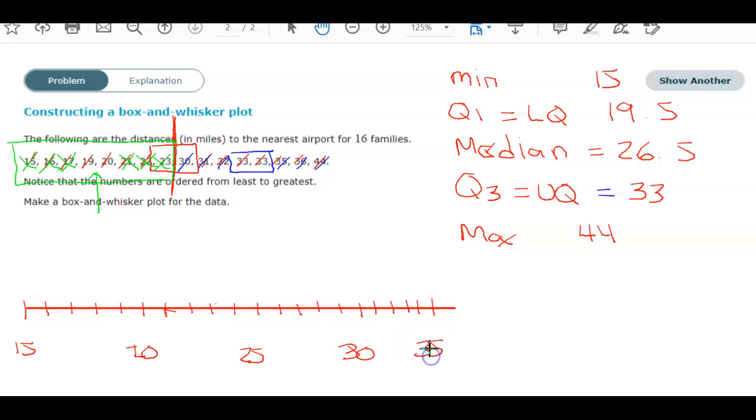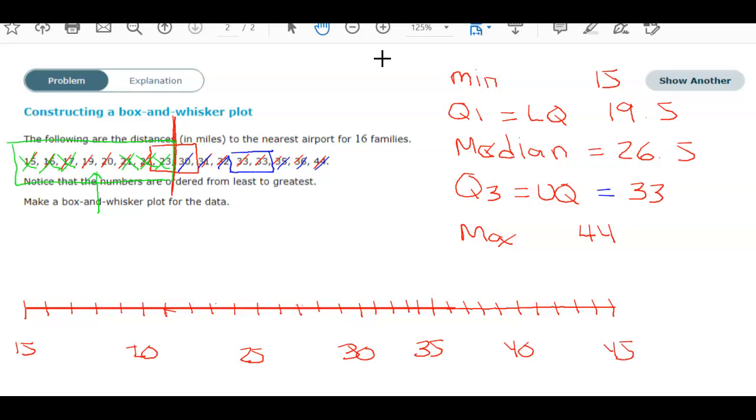So let's go ahead and extend that. We'll do 36, 37, 38, 39, and 40. And let's go 41, 42, 43, 44, and 45. Okay, I'm going to go ahead and change color.